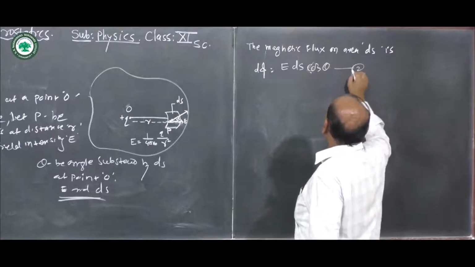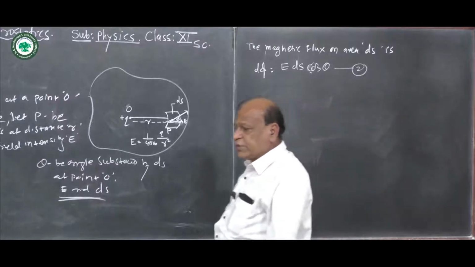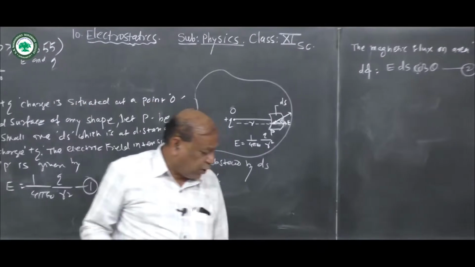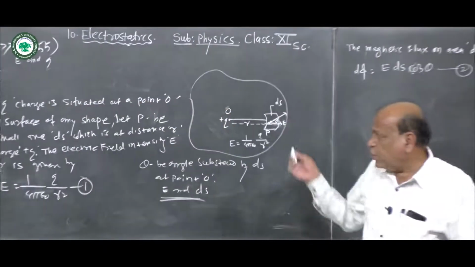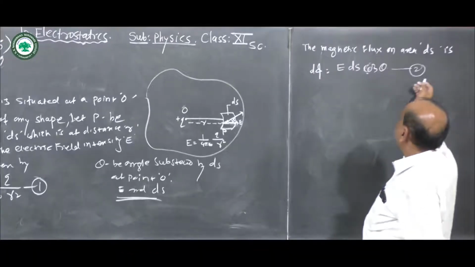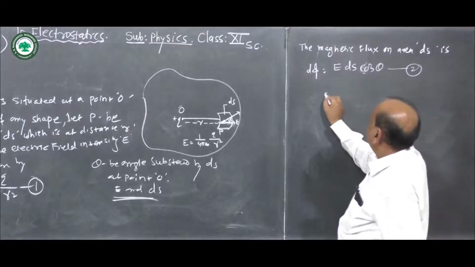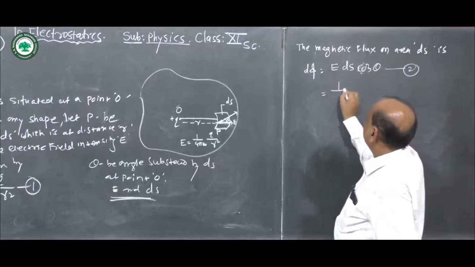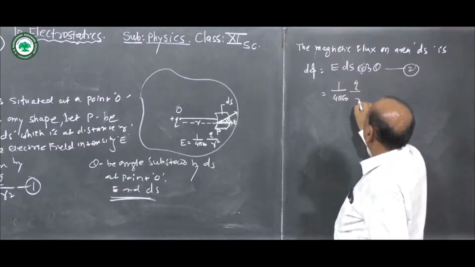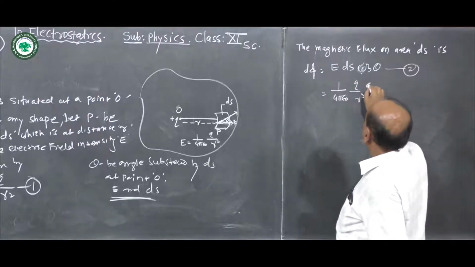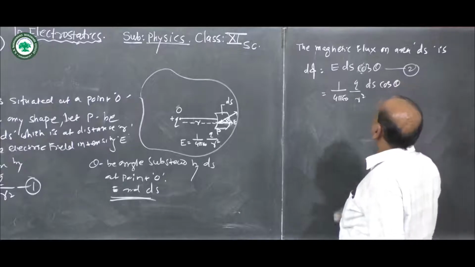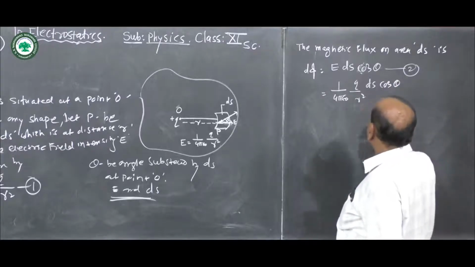This is equation 2, the electric flux for this surface area ds. Now put the value of E here, that is 1 upon 4 pi epsilon 0 Q upon R square, into ds into cos theta.